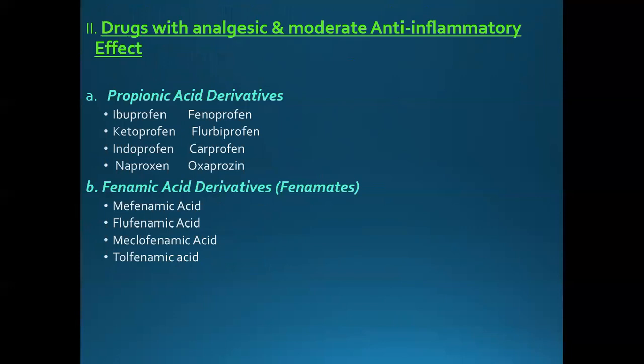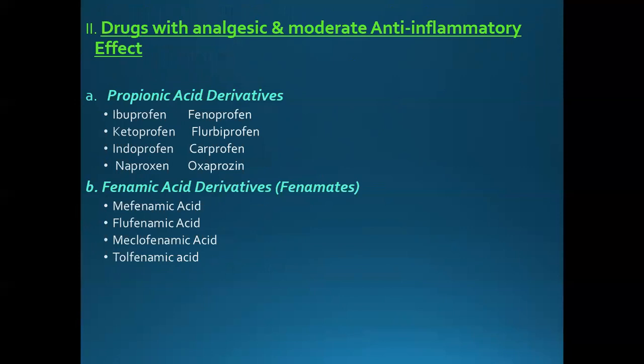Drugs with analgesic and moderate anti-inflammatory effect are propionic acid derivatives, and you all know this, Brufen, ibuprofen. It has a lot of other drugs resembling Brufen, like fenoprofen, ketoprofen, flurbiprofen, indoprofen, carprofen, naproxen.